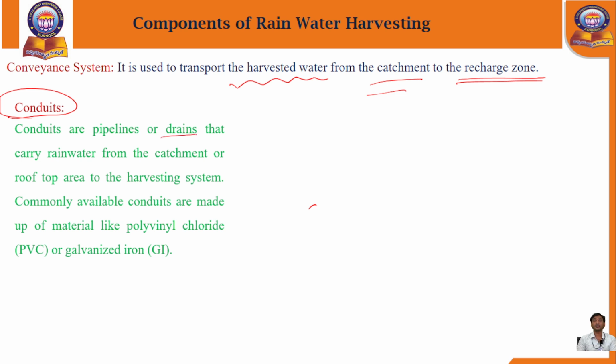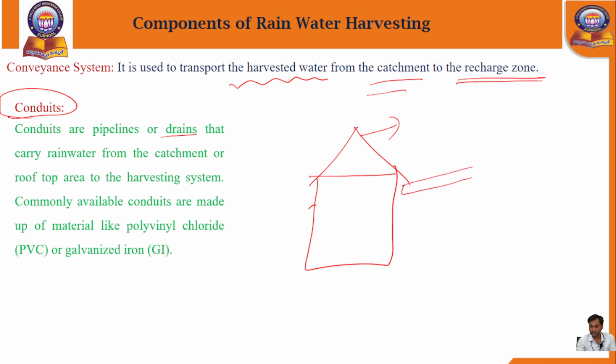What type of drains? Horizontal drains, which we provide if our top surface is a roof type. These are the drains, nothing but horizontal drains.